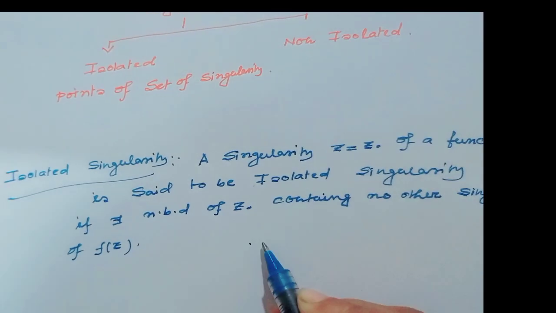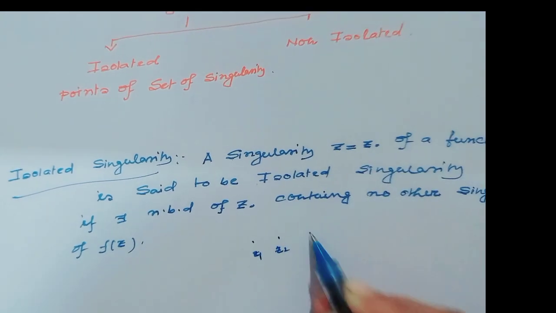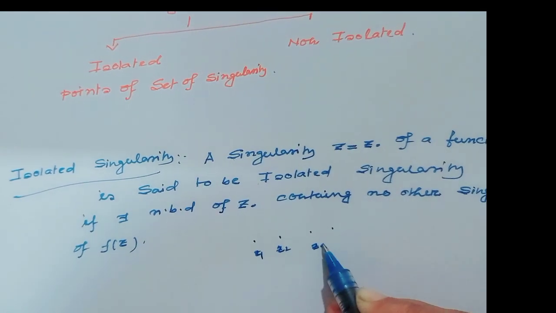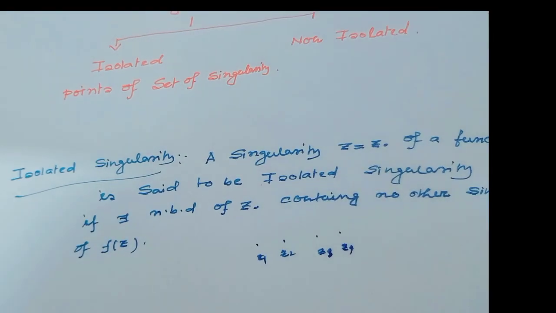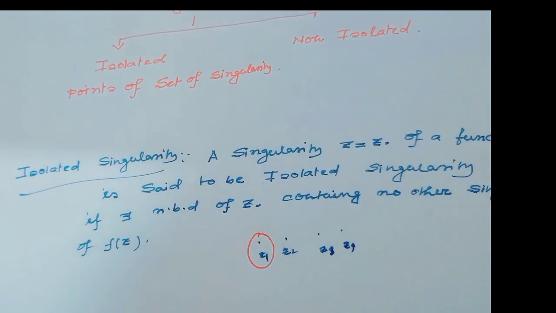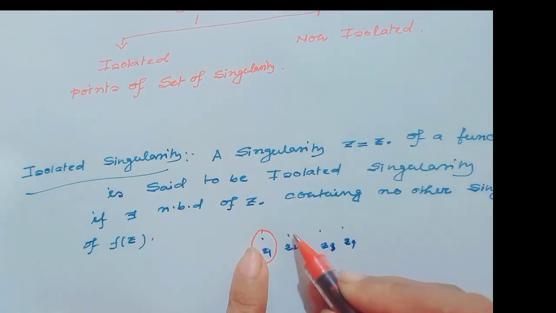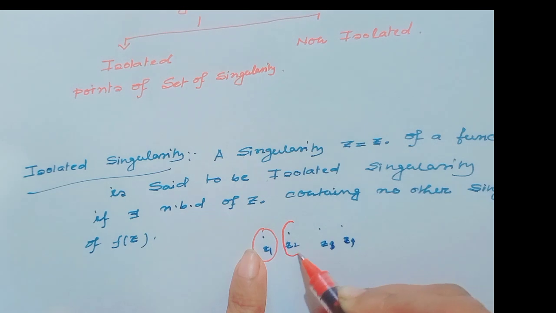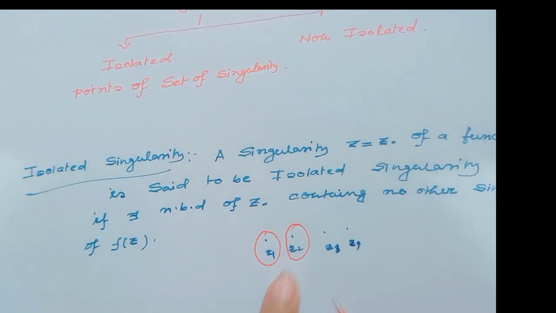If z1, z2, z3, z4 are singularities of f(z), that means there exists a neighborhood containing z1 in which there exists no other singularity. Similarly, containing z2 there exists no other singularity.